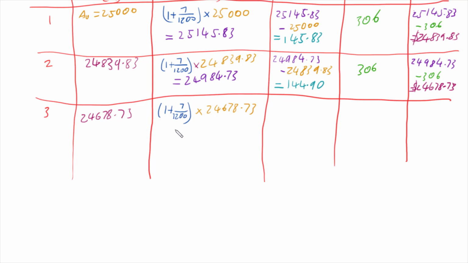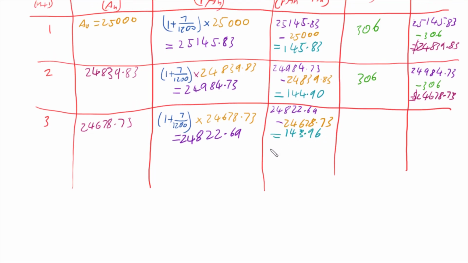And that gives us $24,822.69. Take that number, minus off our principal, so that way we can work out our interest. And that's going to give us $143.96 of interest paid this month.